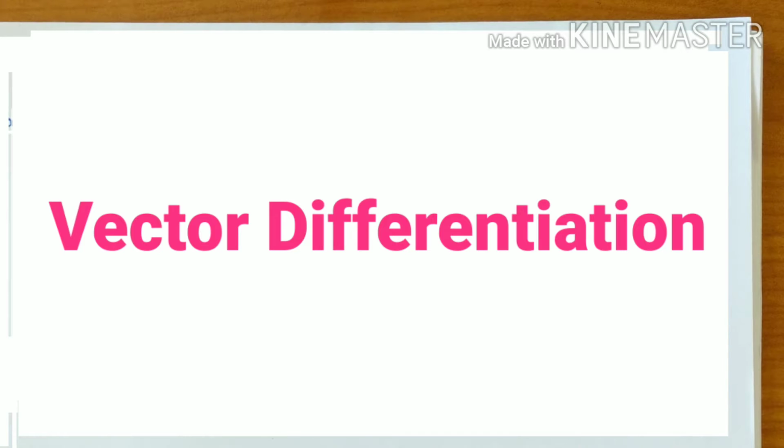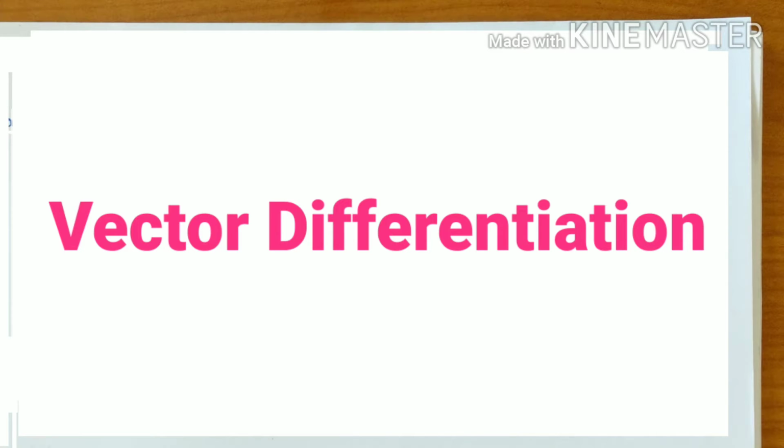See, vector calculus involves vector differentiation and integration. In the field of electronics and electrical engineering, it has very vast applications. Mainly in electromagnetism, electromagnetic fields, and electromagnetic wave subjects, you will find the concept of vector calculus.